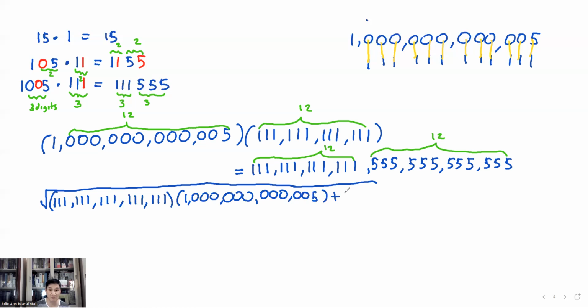Plus, but this time, I will use a different color for the 1. Let me just erase this one.